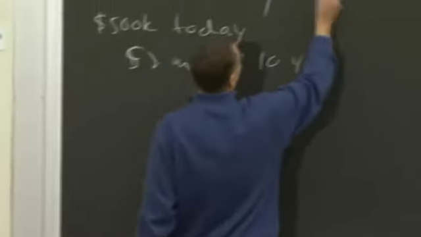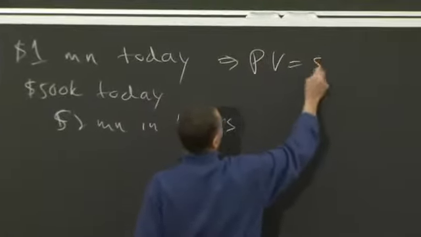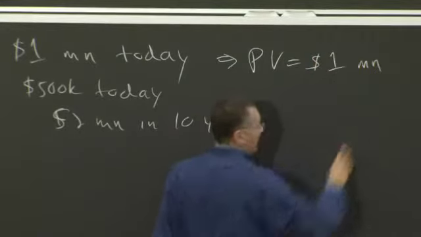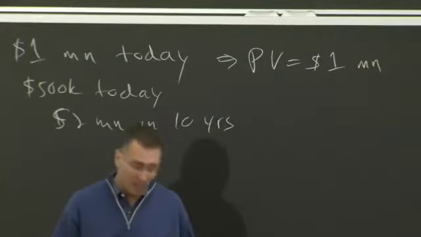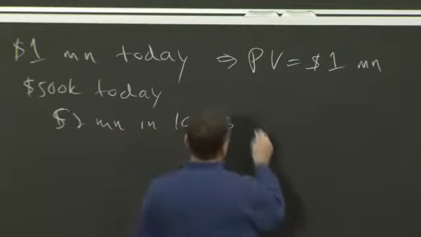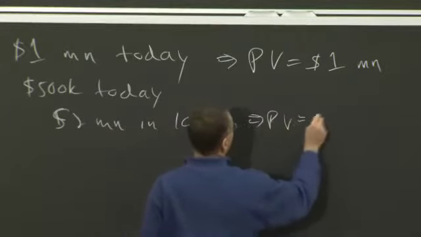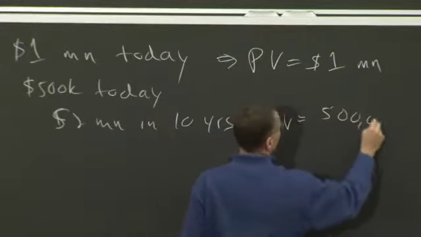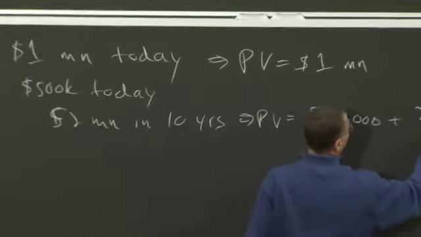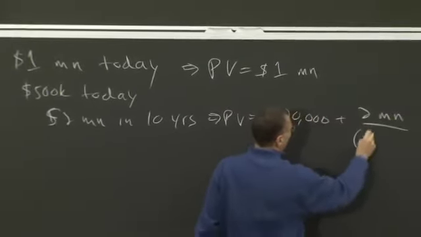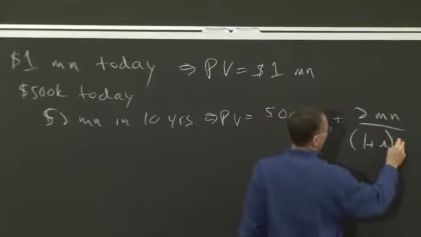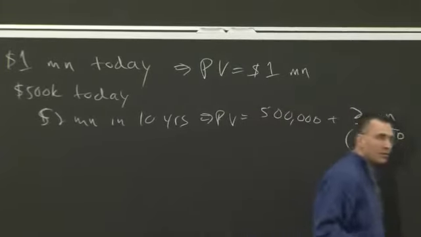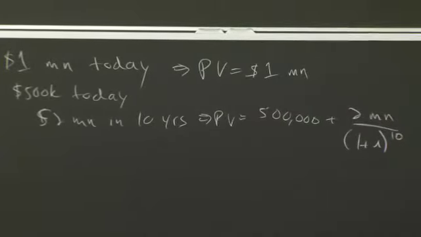The present value of the first stream is just $1 million because it's paid today. So in today's dollars, it's worth $1 million. The second stream's present value is $500,000 plus $2 million over 1 plus I to the 10th, because it's being paid in 10 years.